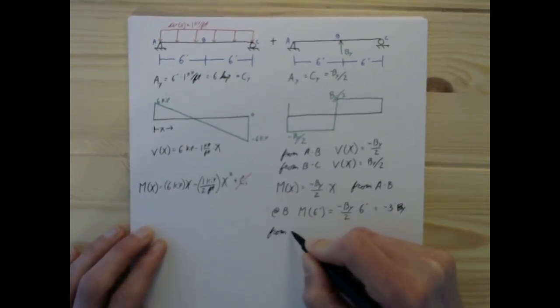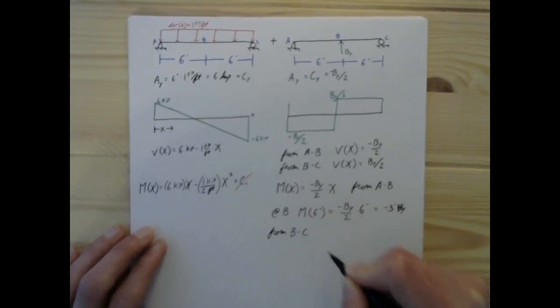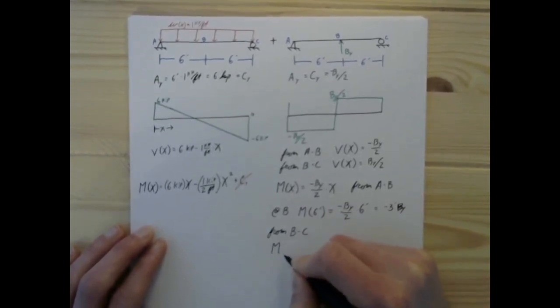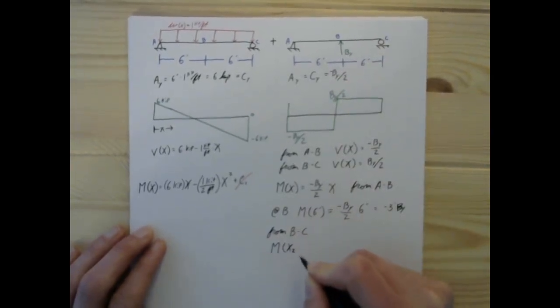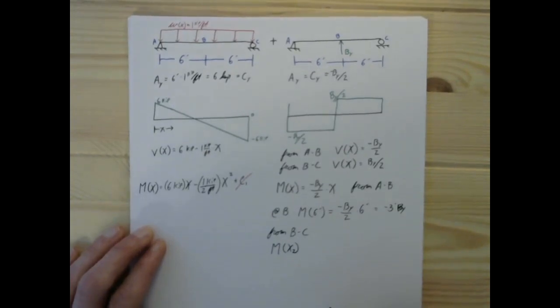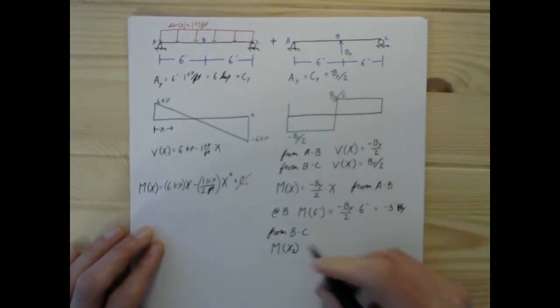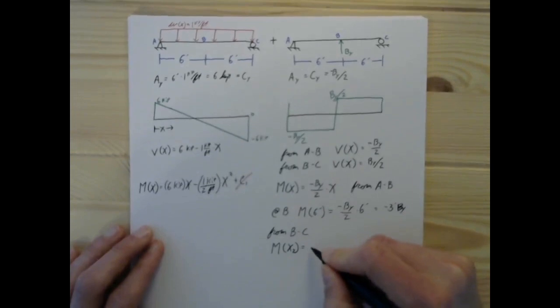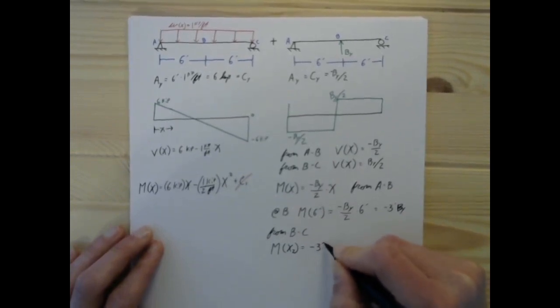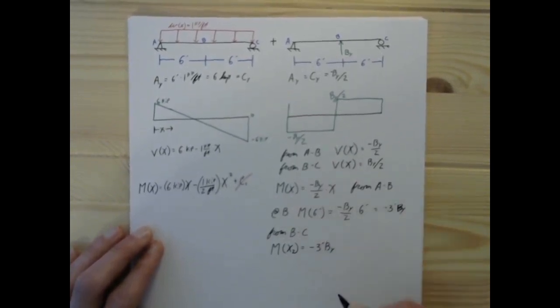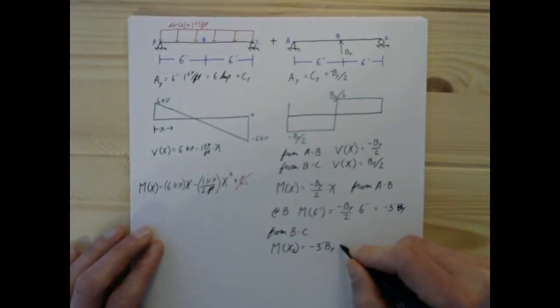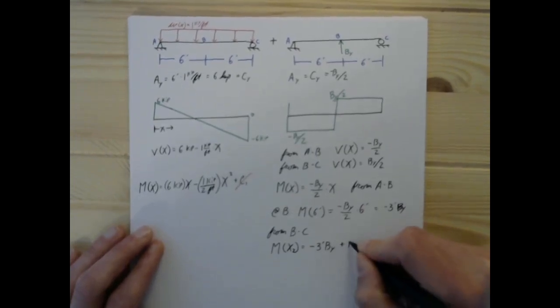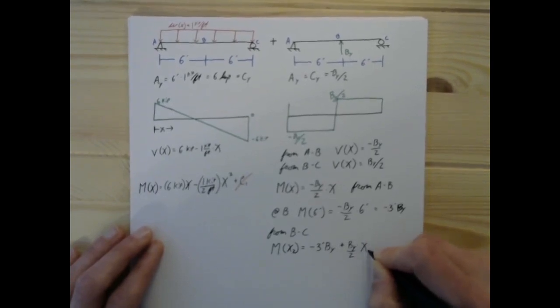So from B to C, the moment, and I'm going to restart. I'm going to have x2, x2 starting at B. I think that's just going to be easier. And we're going to have negative 3 feet times BY, because that's got to be the moment when x2 is 0, plus BY over 2 times x2.